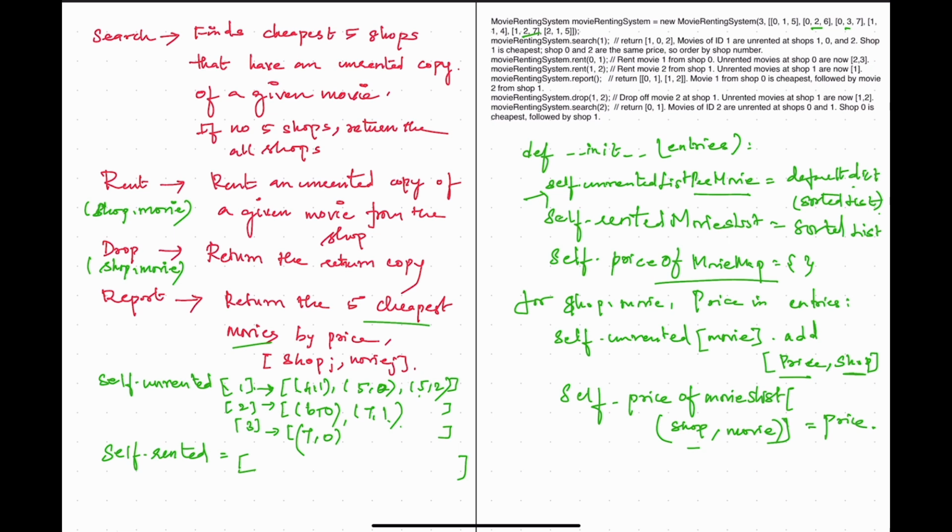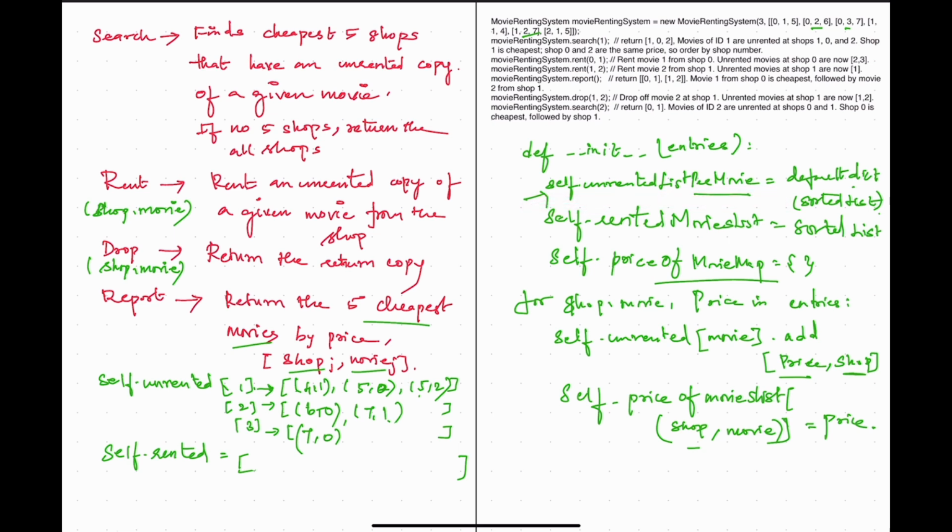In that case you can store all the items as they come, for example 4 1 1, 5 0 1, based on the price, shop and movie. Like this we can store and return whatever they are asking, shop and movie, by fetching from the self.rented sorted list. We are using a default dict key.